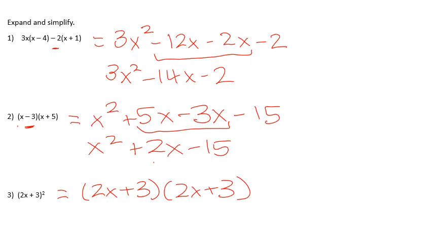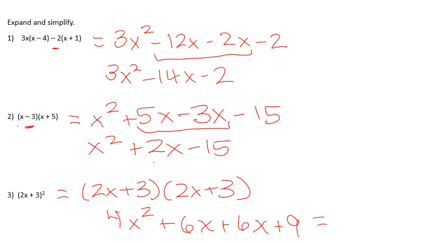There are no negatives in this one to be concerned about, so I don't have to pay special attention to the negatives. So I'm doing 2x times 2x, that makes 4, and then x times x, and remember that's what gives me the power of 2 on the x. 2x times 3, I just multiply the 2 times the 3, that gives me 6x. No new power on x because I didn't multiply an x times an x. 3 times 2x gives me another 6x, and then 3 times 3 makes 9.